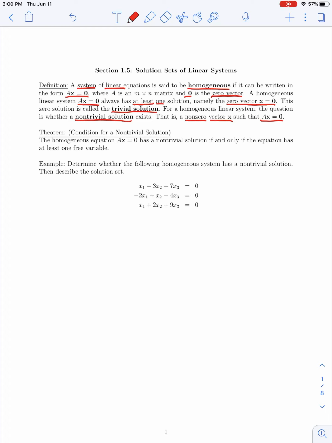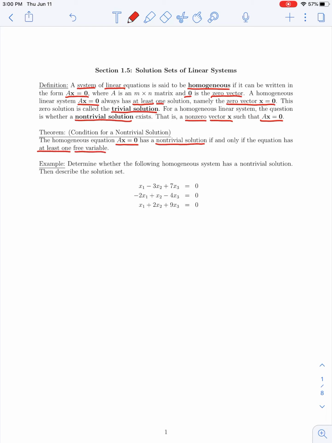This question can be answered by the following theorem: what are the conditions for which a non-trivial solution exists? Any homogeneous equation AX equals 0 will have a non-trivial solution, that is, something other than the zero vector, if and only if the equation has at least one free variable.